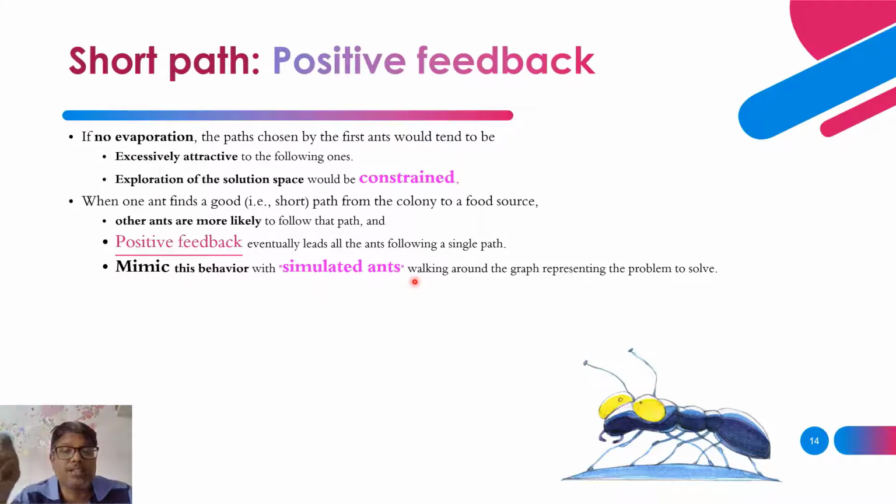The first ant is the simulated ant walking around the graph representing the problem to solve. That may be the demand of the problem, so we may be using that type of constraints. If we are not evaporating, this is constraint optimization. If there is no decaying coefficient, no evaporation, then it becomes constrained optimization.